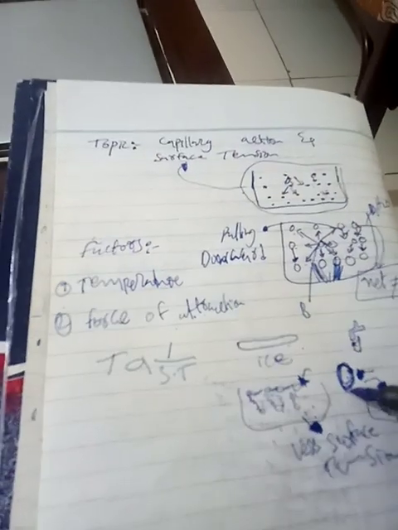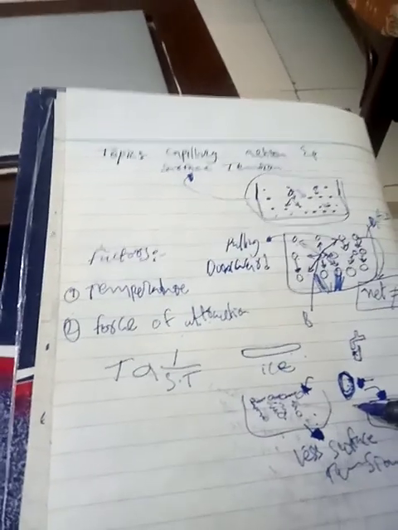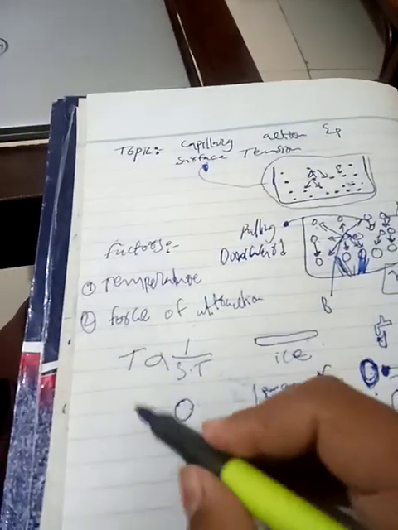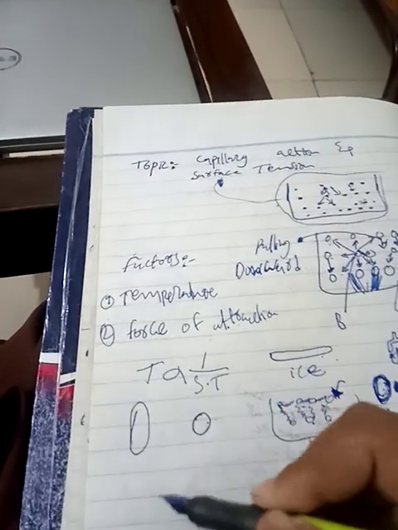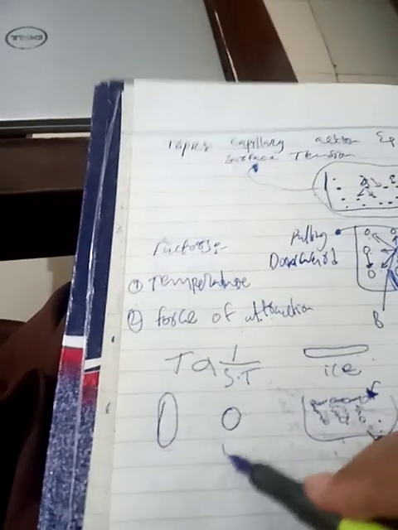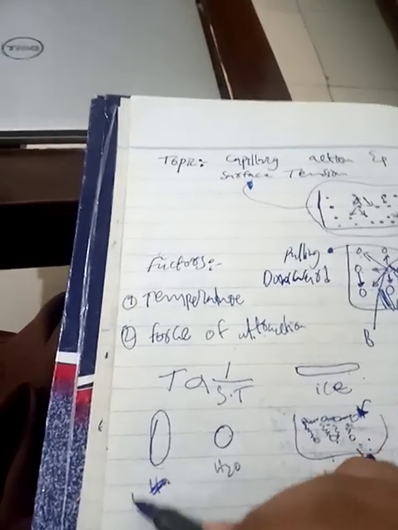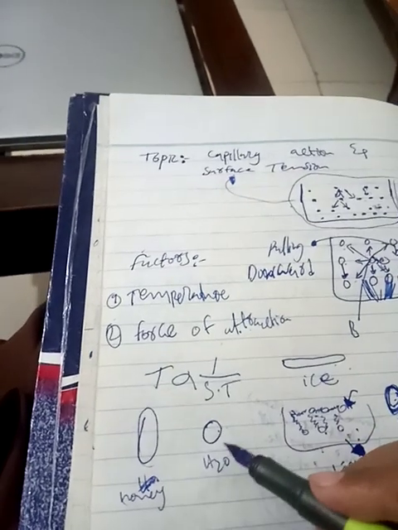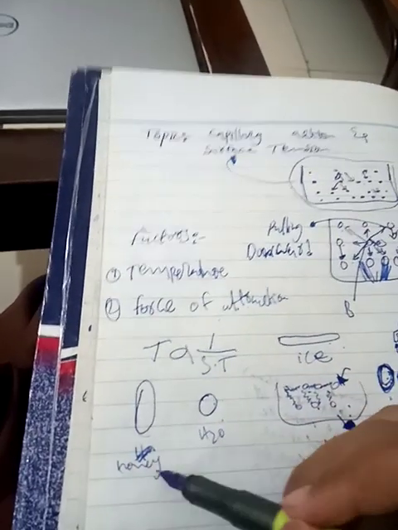So the more the cohesive force, the more the surface tension. For example, there is more force of attraction in a water molecule as compared to a honey molecule. Honey is quite more spread out than water. Water is spherical. Just suppose that the honey molecule is like this.